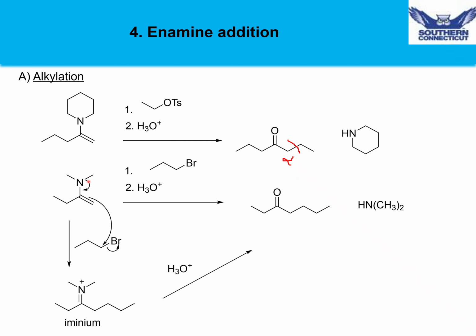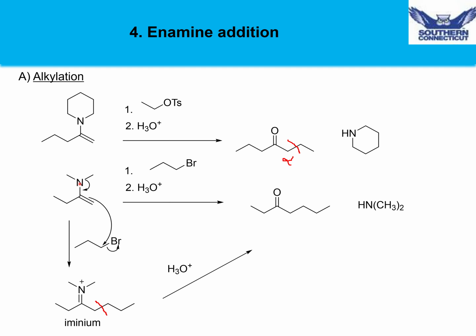If you have an enamine and you add an alkylating agent like this alkyl halide, the enamine will push electrons towards the alpha carbon, which will then attack the carbon with the leaving group. That forms this intermediate. We have just formed this bond here between the alpha carbon, this one, and the carbon that had the leaving group.